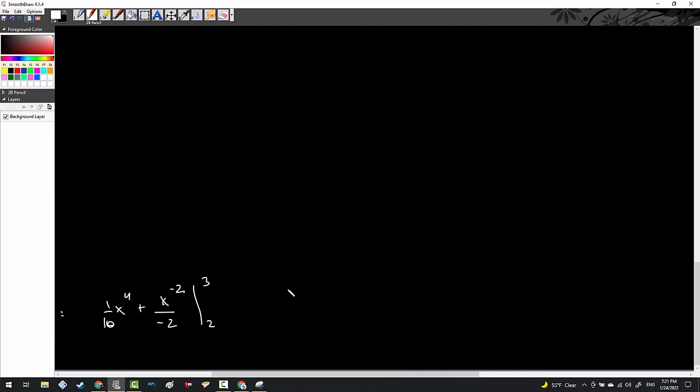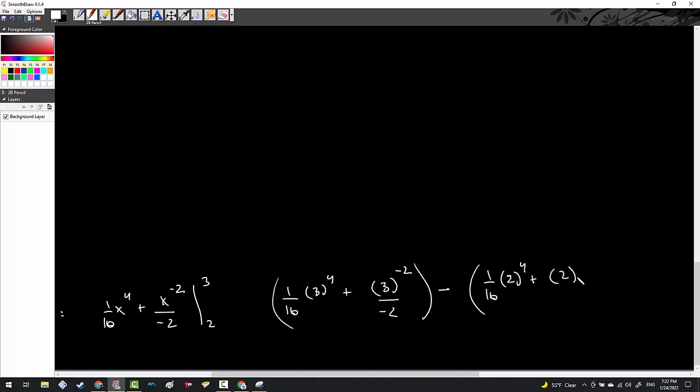It's going to be 1 over 16 times 3 to the 4th plus 3 to the negative 2 over negative 2. So that's my upper limit of integration, minus my lower limit of integration, which is 1 over 16 times 2 to the 4th plus 2 to the negative 2 over negative 2.